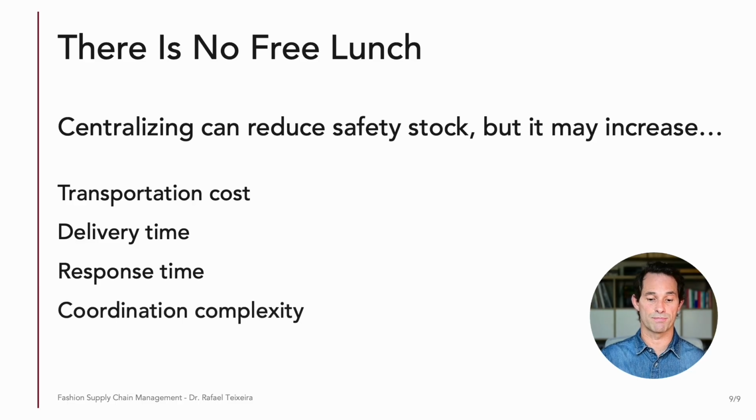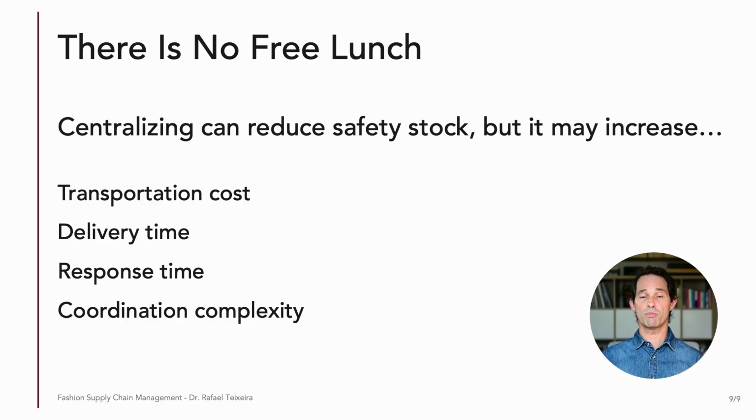and then trucks going to the stores and replenishing the stores. So you see that there is increasing coordination complexity, right? There is more needed for coordination here. Companies have to have very quick, fast and accurate information, be fast in processing those needs in a central inventory, put everything together, put it in a truck and send a truck to each store.